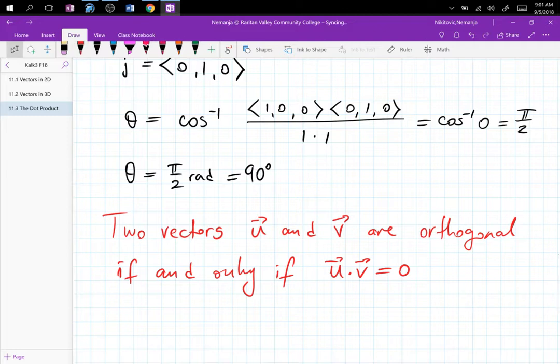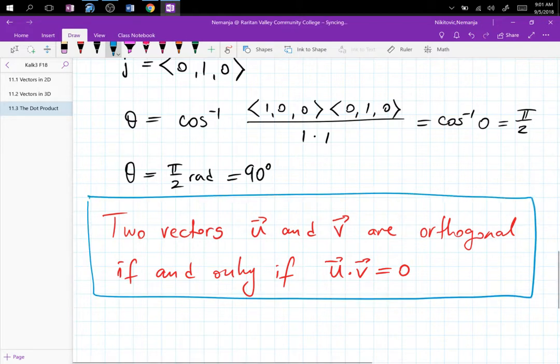So this is the theorem that goes back and forth, right? It works both ways. If you know that the dot product is 0, then the vectors are orthogonal. Or if you know that the vectors are orthogonal, the dot product will be 0. Again, it works in any dimension as well.